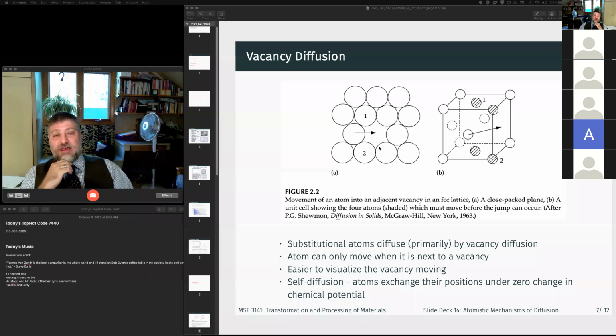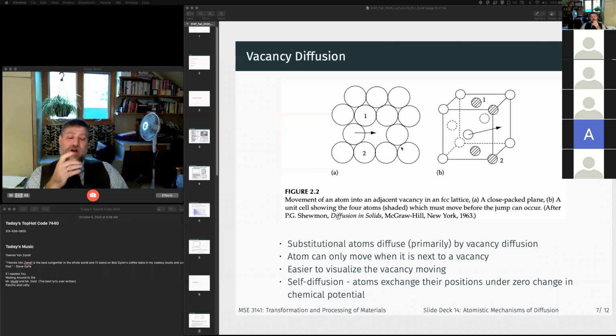Right? And once I said kT, you should immediately think of the Boltzmann statistics and the Arrhenius equation that we talked about for nucleation. So the frequency at which these jumps occur is going to depend on kT in an exponential way, but also be linearly proportional to how many attempts there are, which is going to be given by the vibrational frequency of these atoms.